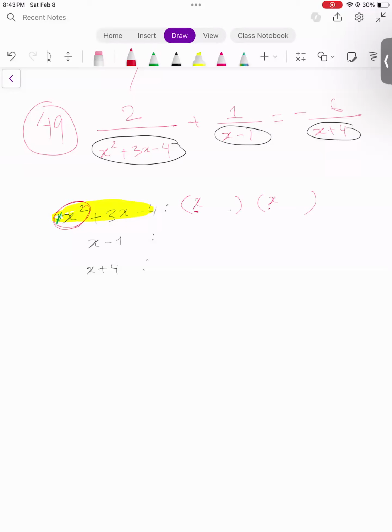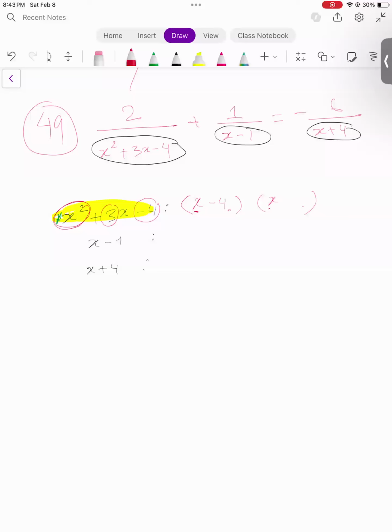Now we look for the 2 numbers whose product is negative 4 and sum is positive 3. So think of 2 numbers whose product is negative 4 and sum is positive 3. The product has to be negative 4, sum has to be positive 3, and that is negative 4 and positive 1.